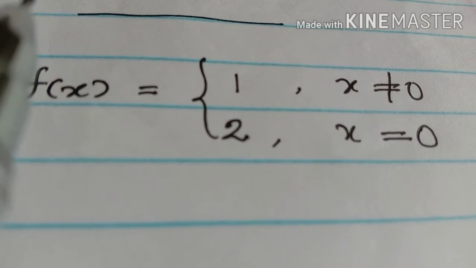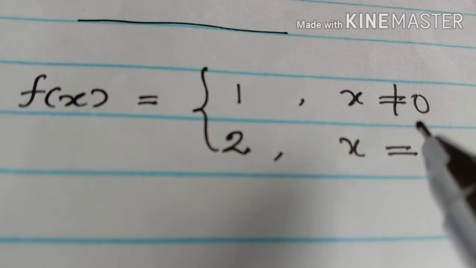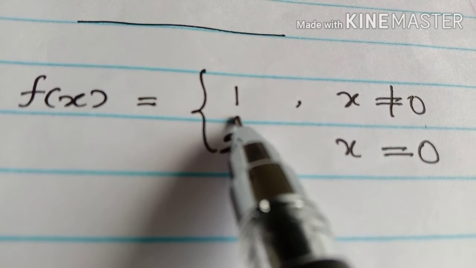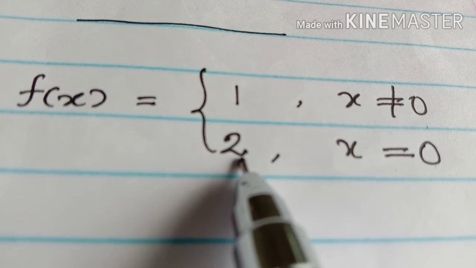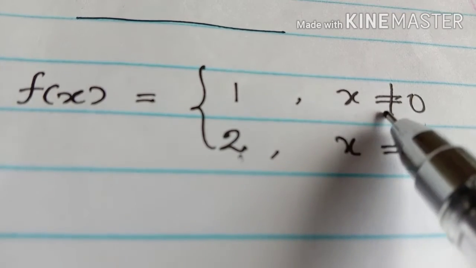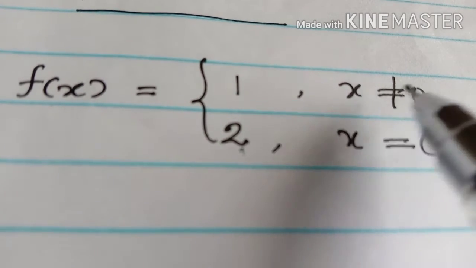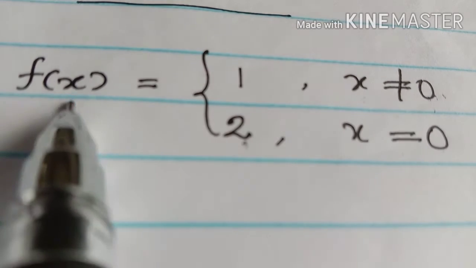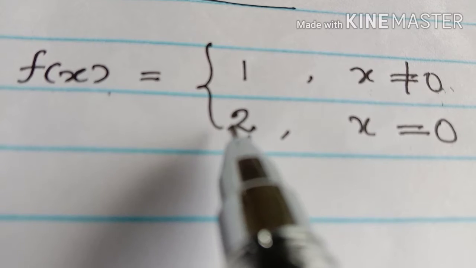Now consider another example. f of x is a function defined as: for x not equal to 0, the function is equal to 1, and at x equal to 0, the function is equal to 2. So x not equal to 0 means we can consider positive numbers and negative numbers. When x equal to 0, the function value is given, it is 2 only.